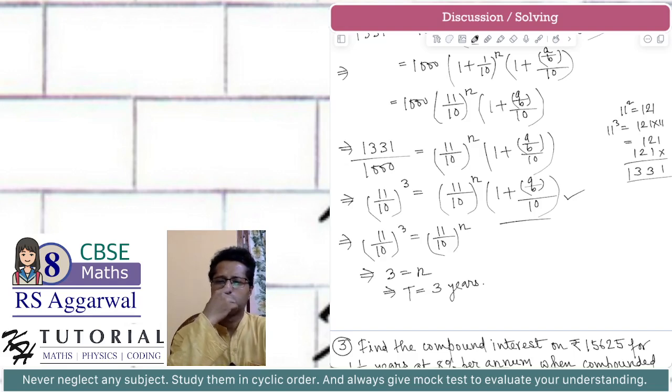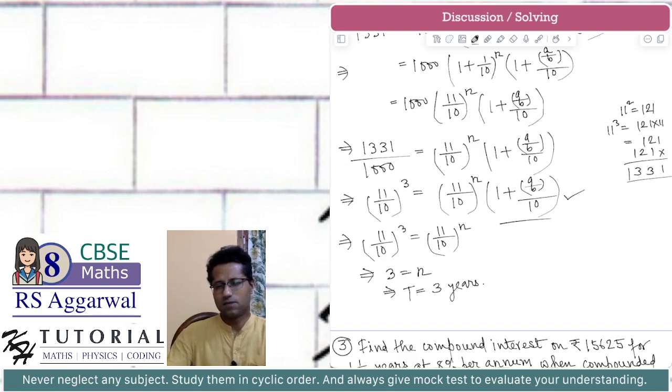Now, this factor 1 plus a by b divided by 10 cannot be equal to 11 by 10. If this factor 1 plus a by b by 10 has to be equal to some power of 11 by 10, then only this whole equation will be solvable.